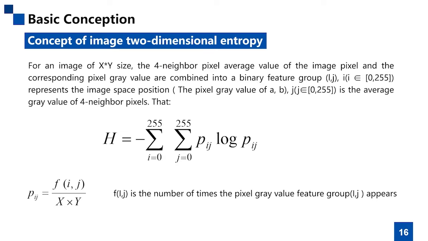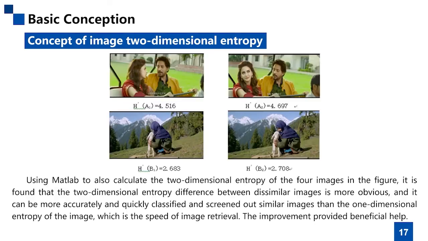Therefore, position distribution information is introduced, and the gray average value of the pixel neighborhood is added on the basis of the one-dimensional entropy, and the two constitute the two-dimensional entropy of the image.